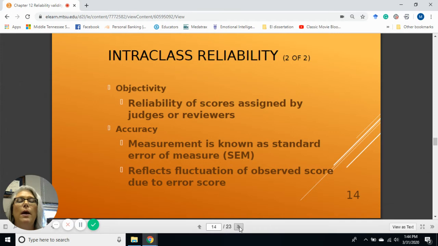Objectivity, the reliability of the scores, is assigned by the judges or reviewers. So we have multiple reviewers looking at the scores, and if they equal each other, that's good. So that's also called the standard error of measurement, SEM, and that reflects the differences in the observed score and the true score.